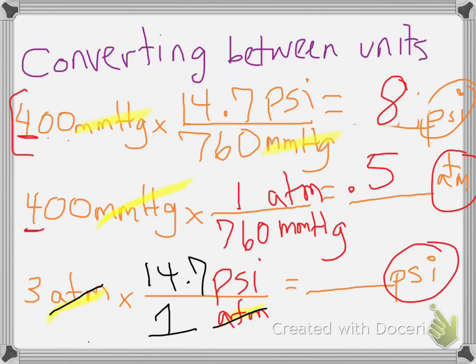So again, I am multiplying my numerator and dividing by my denominator, which is 1, so I don't need to plug that in. And my answer is 44.1. But again, I only have one significant figure, so I'm going to round to one significant figure. But that 4 doesn't push the 4 up, so it's just going to be 40 PSI. If it had been 45, then I would have to round to 50 PSI.